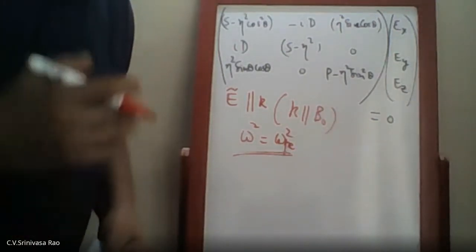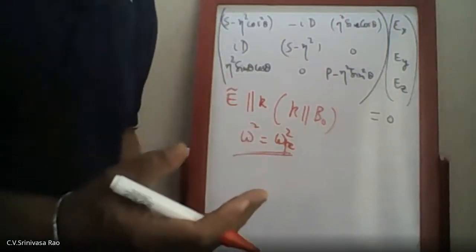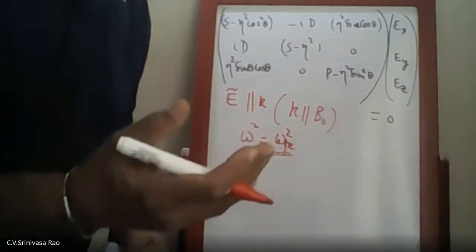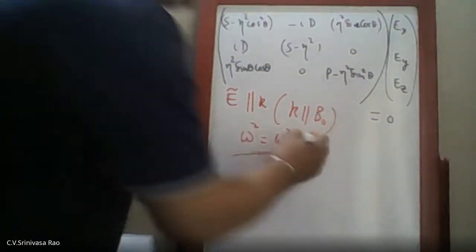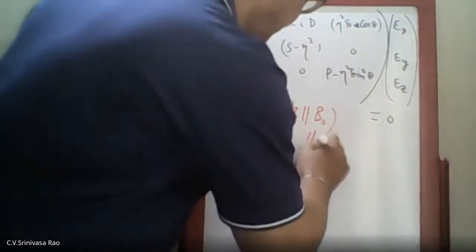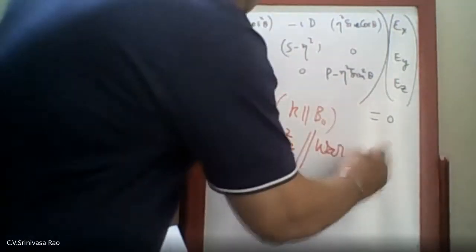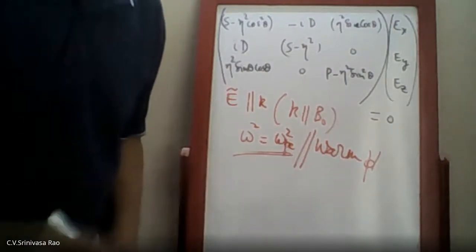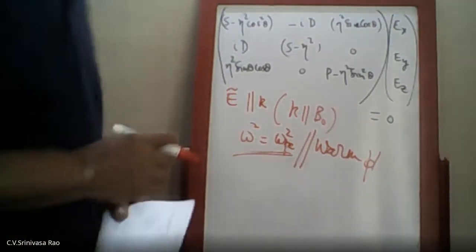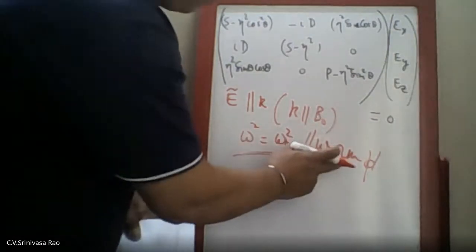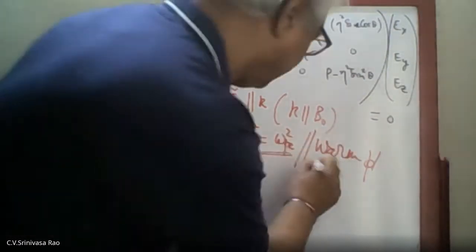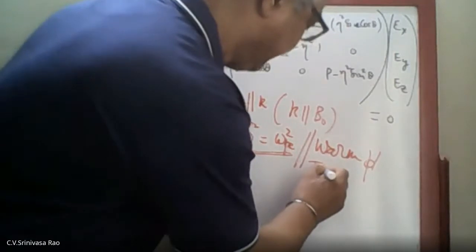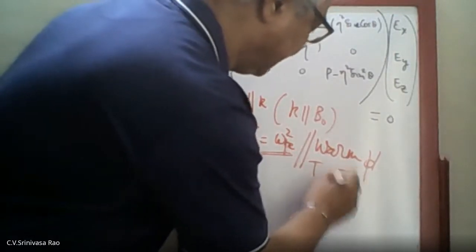It starts transporting energy, or a wave starts propagating, only when you consider warm plasma, where temperature is now high, which means the gradient of pressure we have to put in the equation.